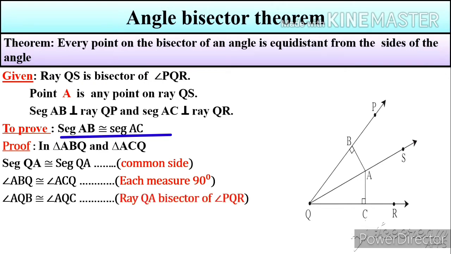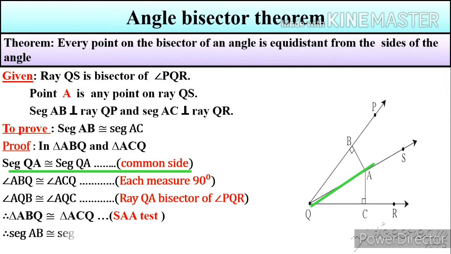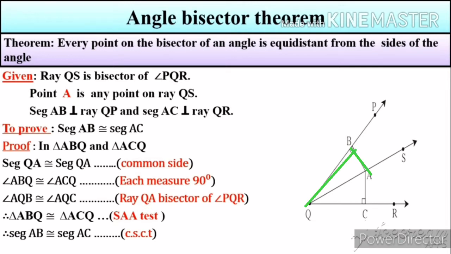Proof: in triangle ABQ and triangle ACQ, segment QA is congruent to segment QA, common side. Students, if you see in the figure, angle ABQ is congruent to angle ACQ, each measures 90 degrees, meaning they are right angles.